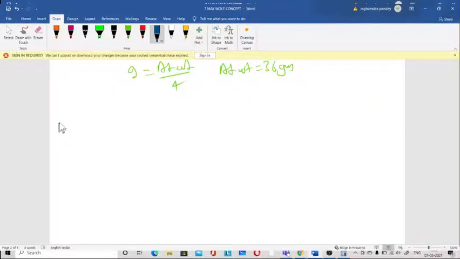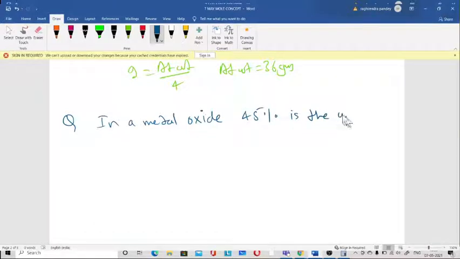Now let's take another question. In a metal oxide, 45% is the weight of metal.